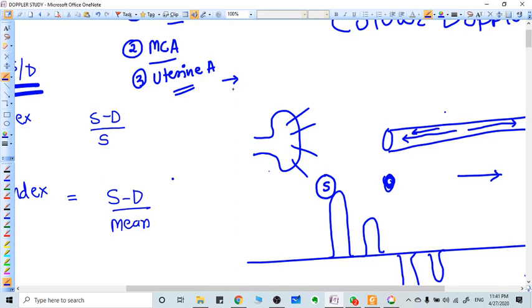When we make the waveform, like this is an S waveform, that means the flow is during the systole of the heart which is supplying this particular vessel. And when we say D, it means the blood flow during the diastole of the heart. Okay, it can be both. It can be reversal, it can be towards the probe, it can be away from the probe, but it is during diastole of the heart.